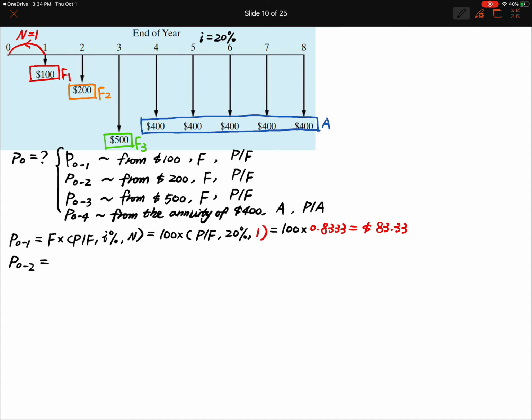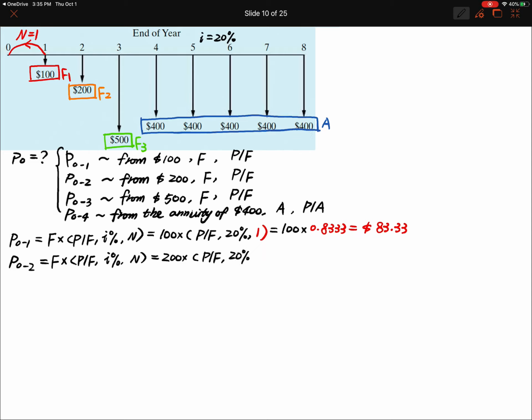And now let's calculate part 2 of the present value. It's from 200. Still, you're using the same equation because you're looking for P given F. Same equation, but with different values.